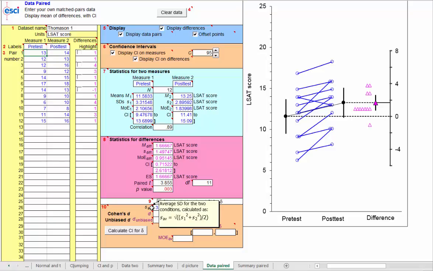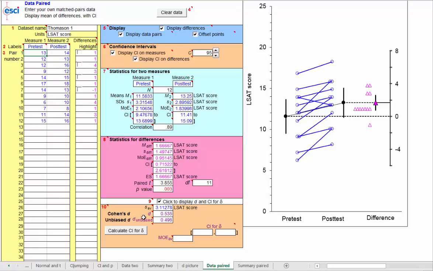So Cohen's d will be our effect size divided by our standardizer, 1.67 divided by 3.1, that's d of 0.535 here. Our standardizer, 3.1, well, compare it with the pre-test standard deviation, about 3.3, post-test about 2.9, so 3.1 makes sense.